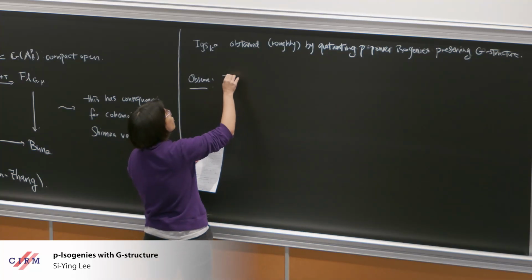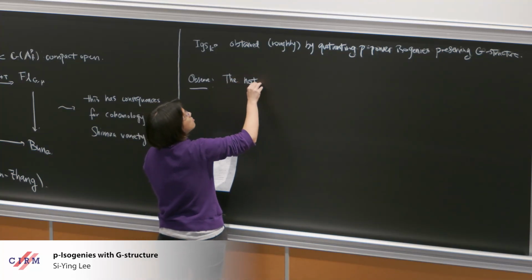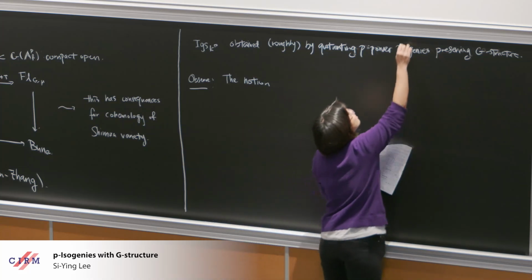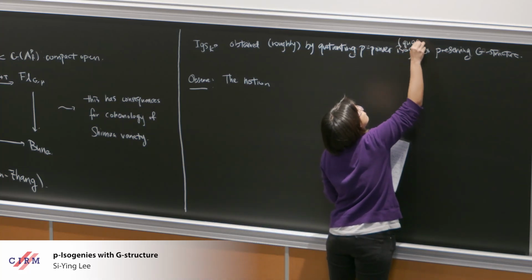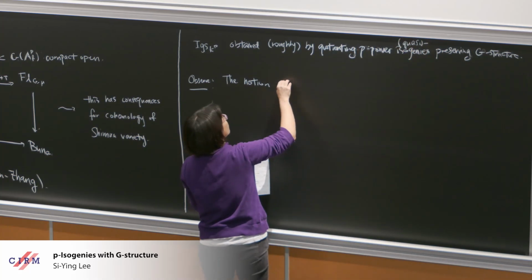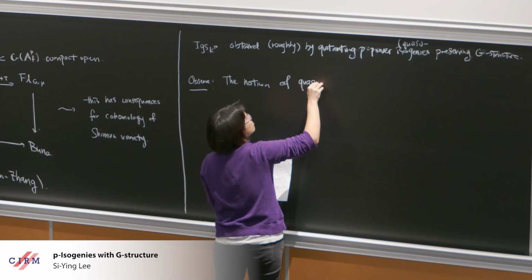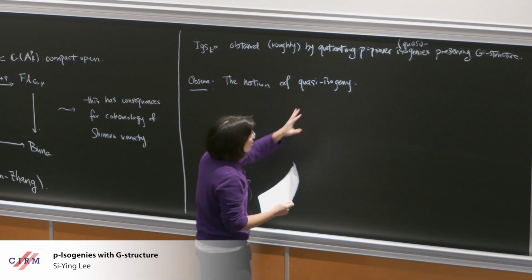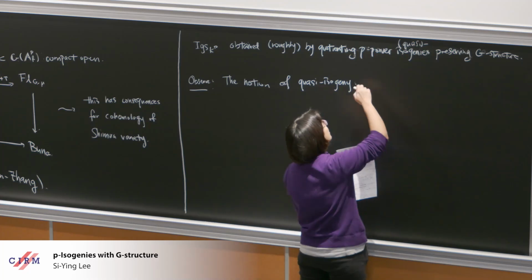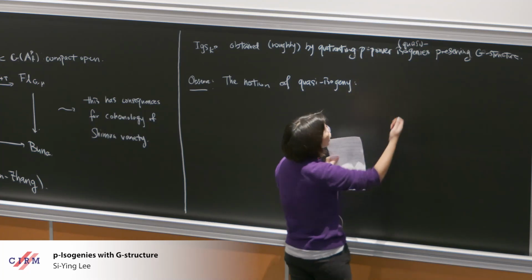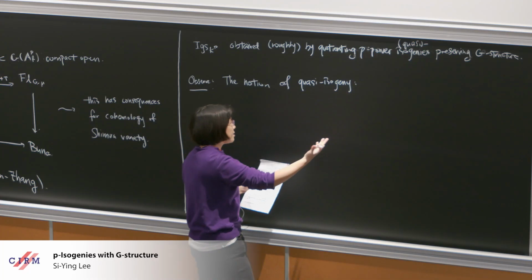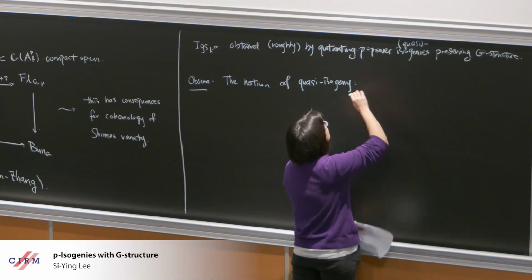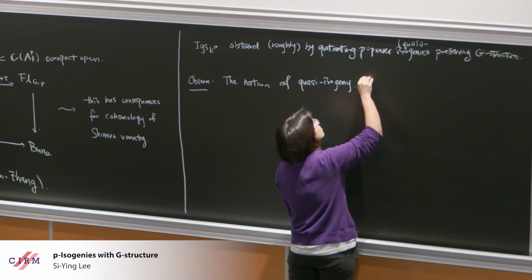Let me say, it's the notion of p-power quasi-isogeny. The notion of a quasi-isogeny is very tied to the abelian variety, so you always need to refer to the underlying abelian variety.